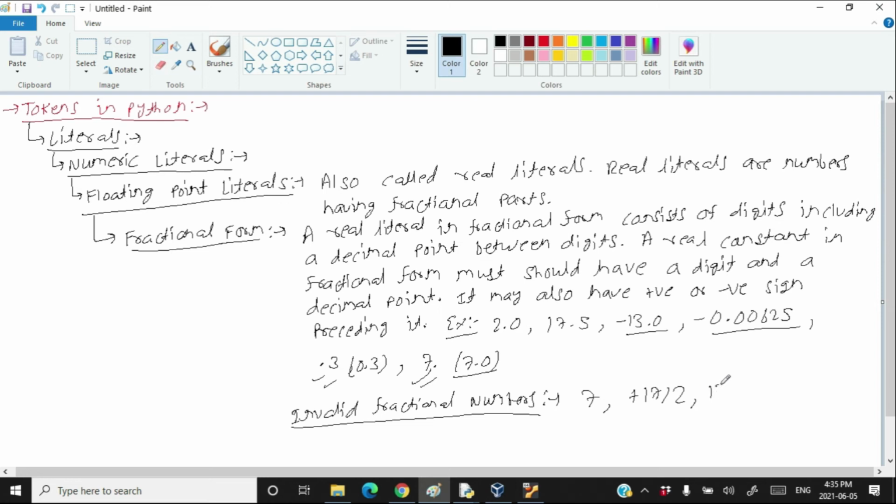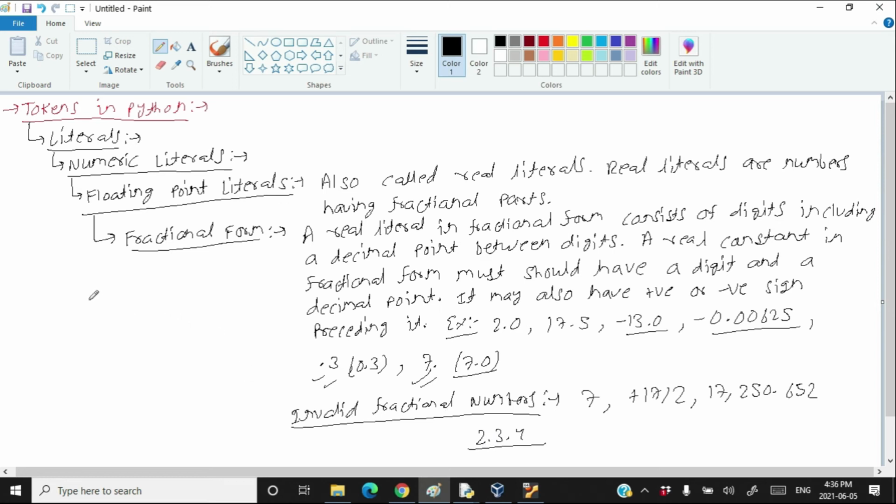Commas are not allowed. If you write a comma, then this number becomes invalid. This number is also invalid because it has more than one decimal point. A fractional number cannot have more than one decimal point.